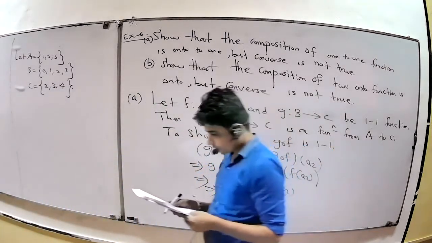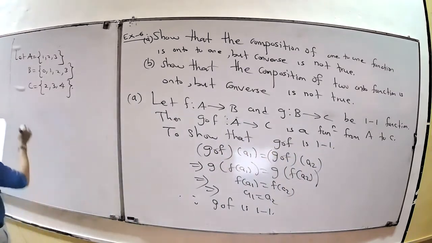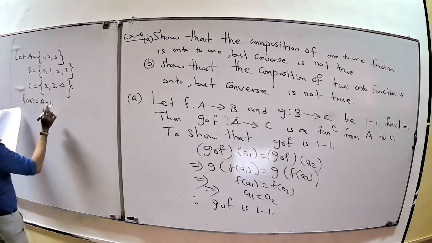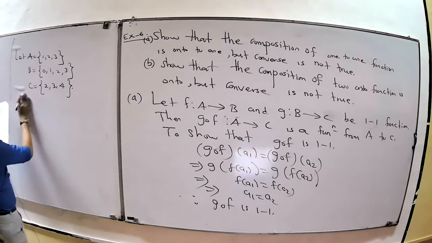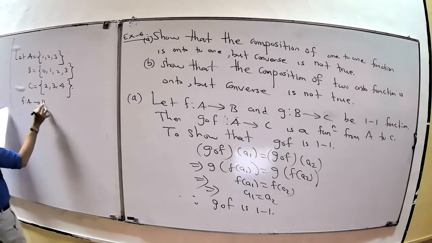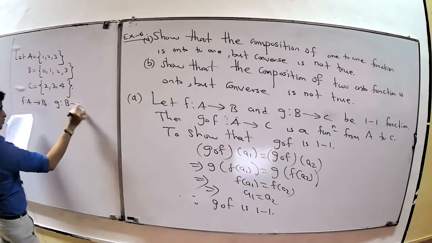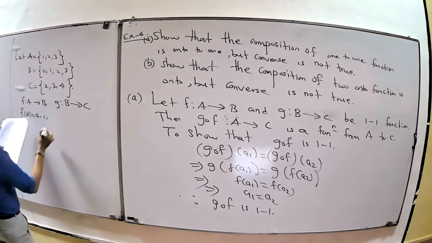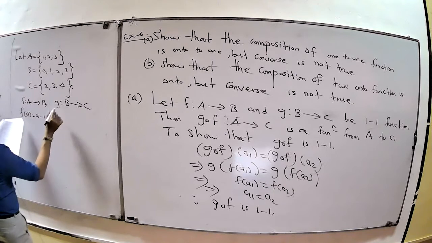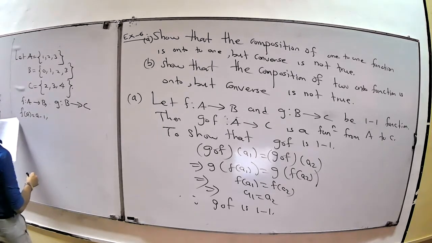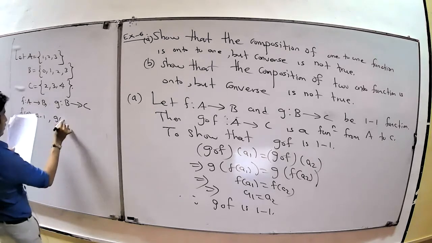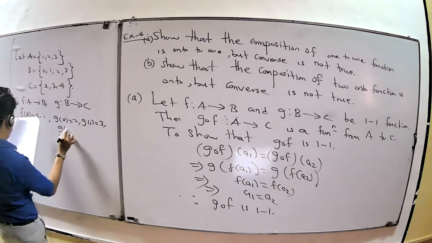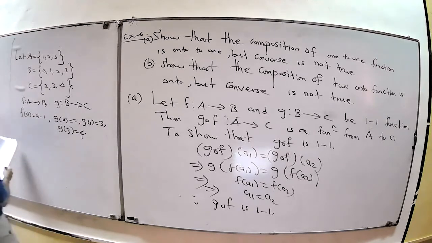Now f of a equals a minus 1, so f is a function from A to B and g is a function from B to C. The function g is defined like this: g of 0 equals 2, g of 1 equals 3, and g of 3 equals 4.